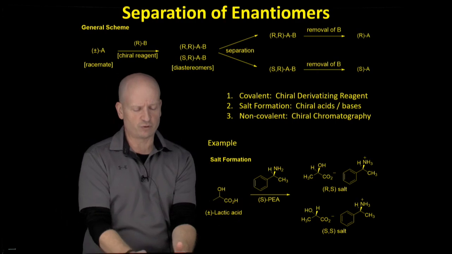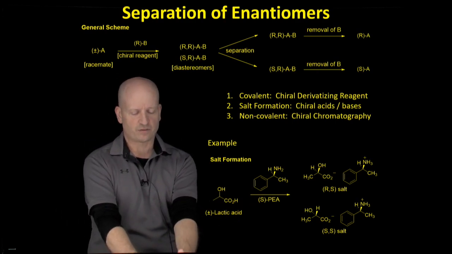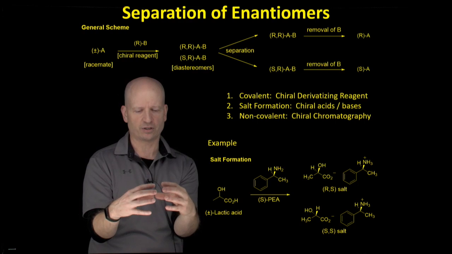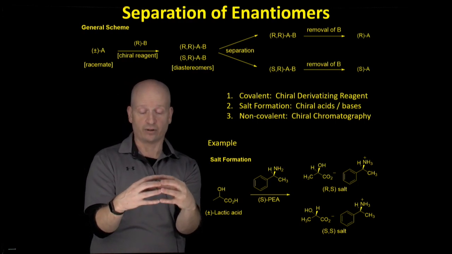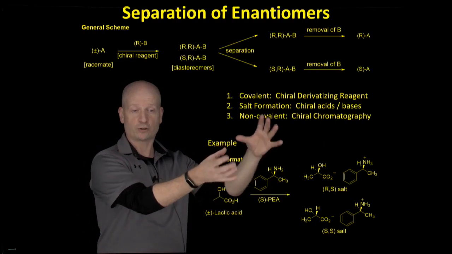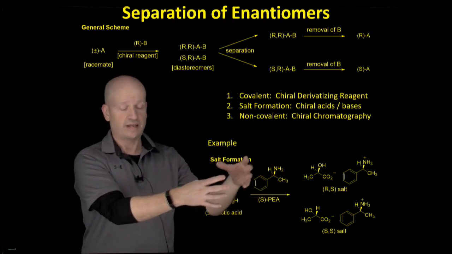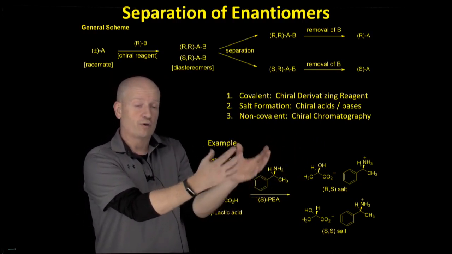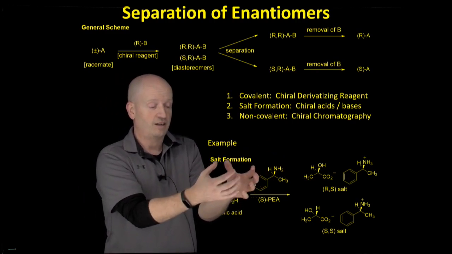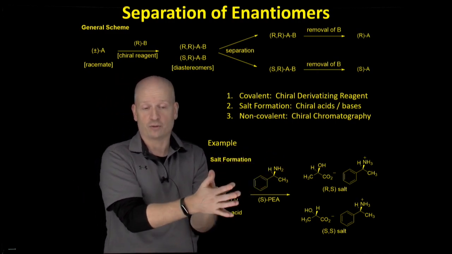So generally when we synthesize molecules, starting from simpler, readily available starting materials that are not chiral, and we do whatever chemical reactions to build up a larger, more complex molecule that is chiral, we're going to be making an equal amount of both mirror image forms.